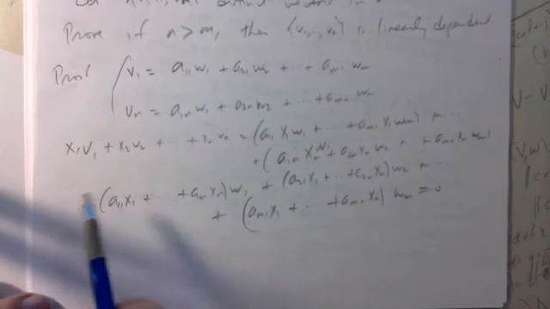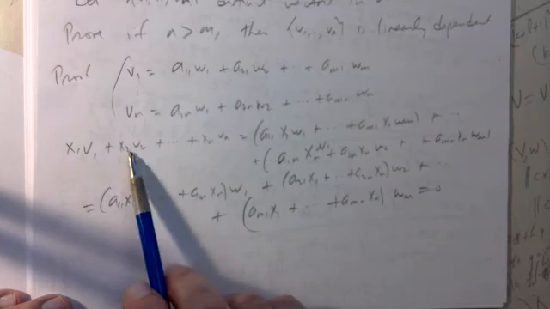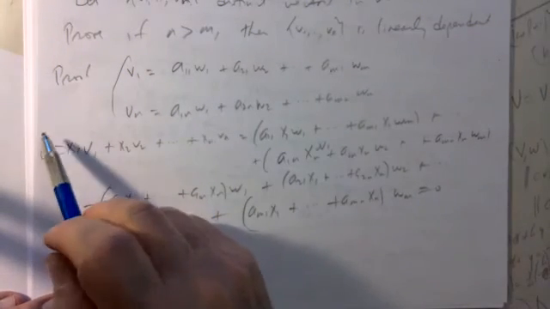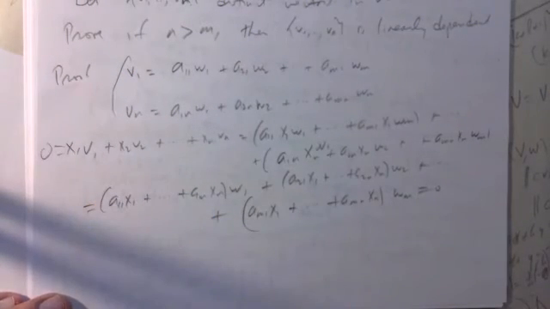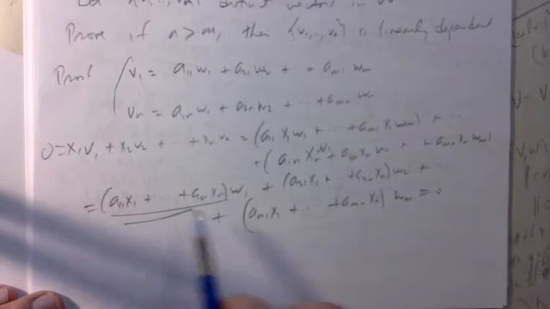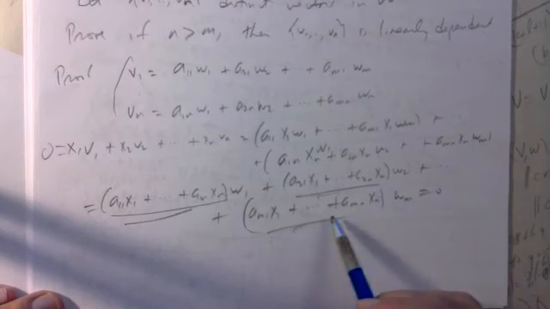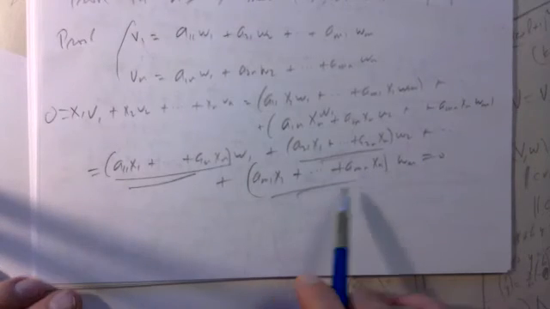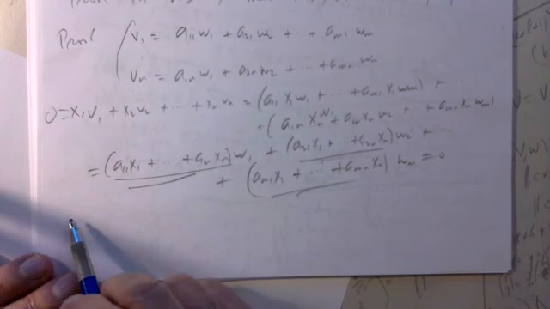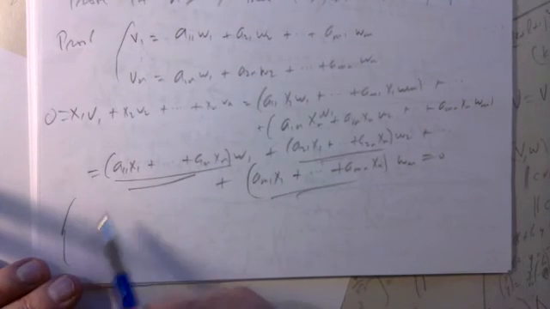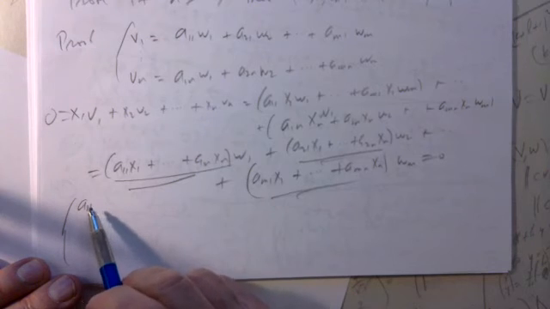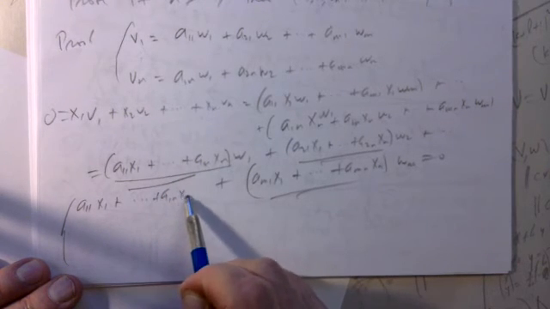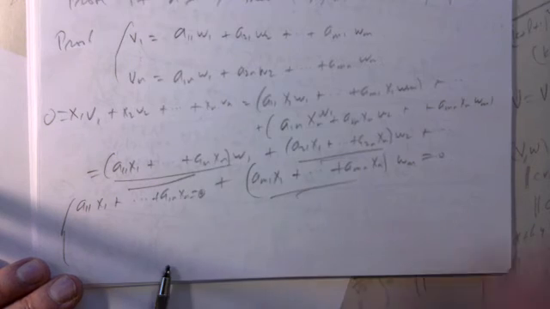So what can I say? I want to know whether there are scalars x1, x2 up to xn, not all 0, which give me the 0 vector. Well, it's enough to show that each of the coefficients of the wi's, 1 through m, is 0. That is, can I find x's that solve the system of homogeneous linear equations a11 x1 up to a1n xn equals 0?